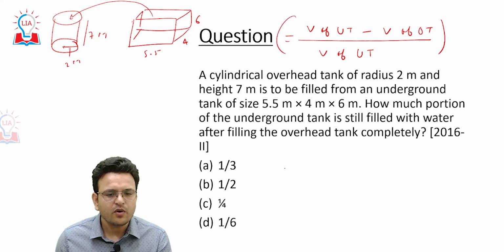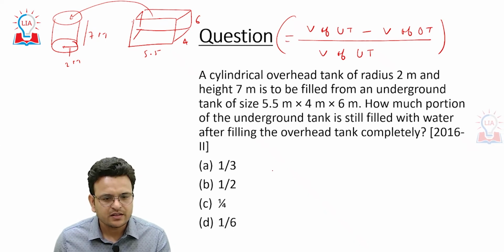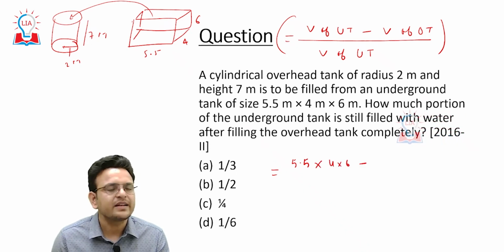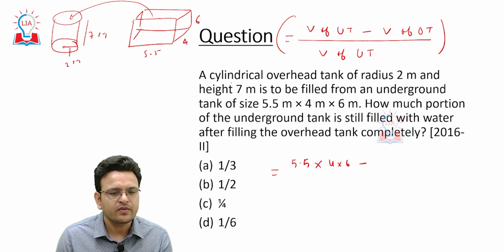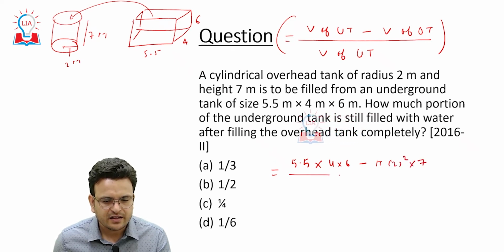So volume of underground tank is a cuboid. We know that volume will be 5.5 into 4 into 6 minus volume of overhead tank, pi r square h, that is pi into 2 into 2 into 7, upon 5.5 into 4 into 6.